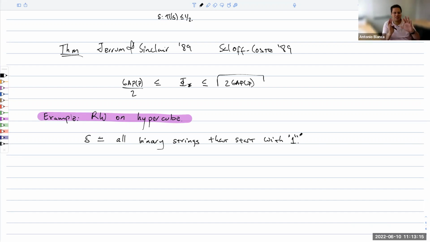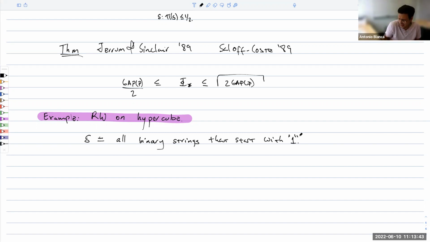It makes sense: you look at all the strings that start with 1, and then you look at all the strings that start with 0. The chain may have some problems transitioning here, because the only way it can move between starting with 1 and starting with 0 is it really needs to hit the first coordinate and flip it. Most times it won't be doing that. Most times it will just be flipping coordinates other than the first one. So that's the intuition for picking this set.